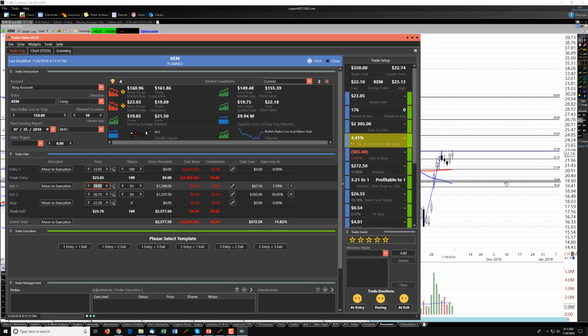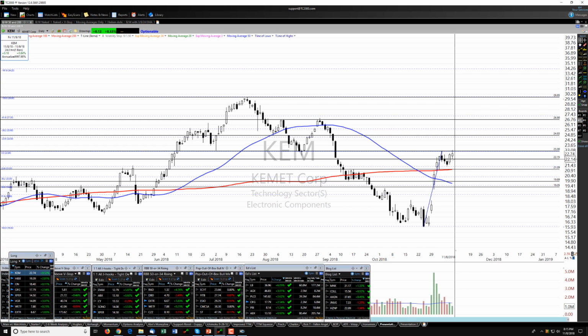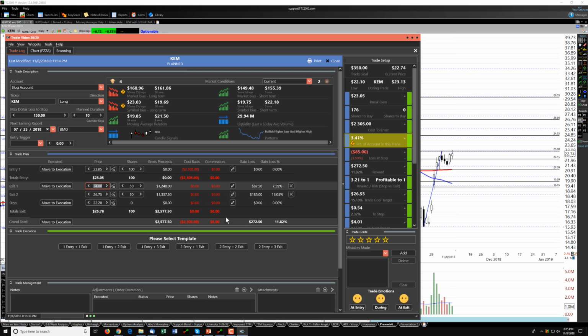KEM. You have to see what you're. I'm going to be looking for a doji continuation to break out of that J hook. Looking for an entry basically right there above 23 bucks. I would prefer to have my stop down here about 22.10 or 15, but we'll have to cheat it up a little bit to make this work. So that's what we've got. Do with it as you will.